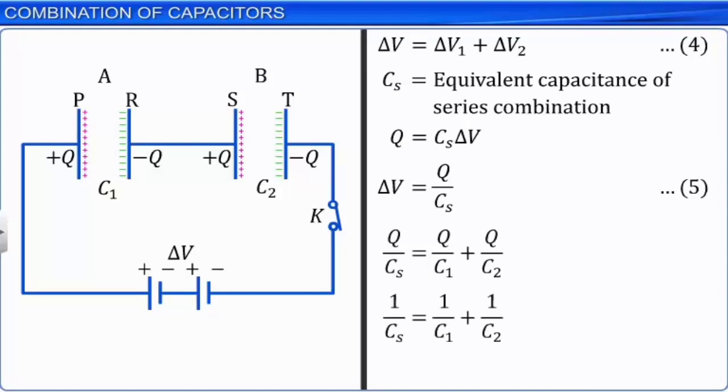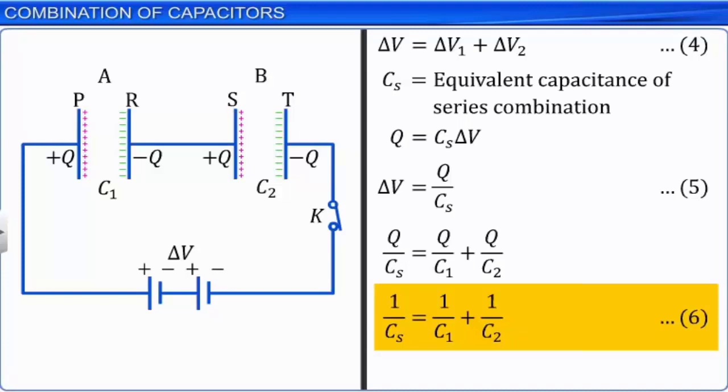Let this be equation 6. The equation 6 gives the relation between the equivalent capacitance for the combination of two capacitors connected in series and their individual capacitances. The equation can be extended for any number of capacitors with different capacitance values connected in series.